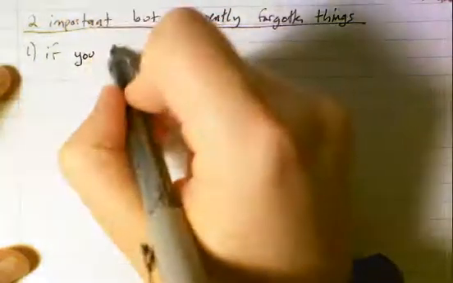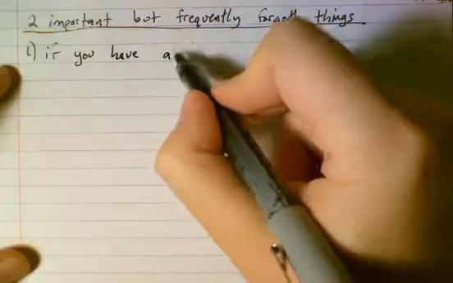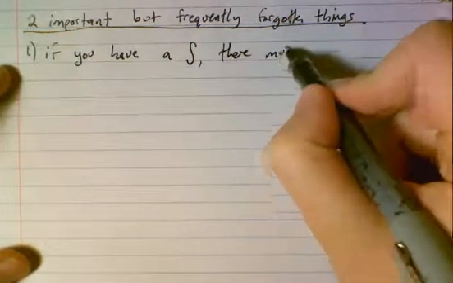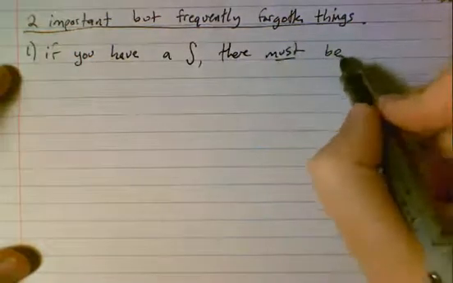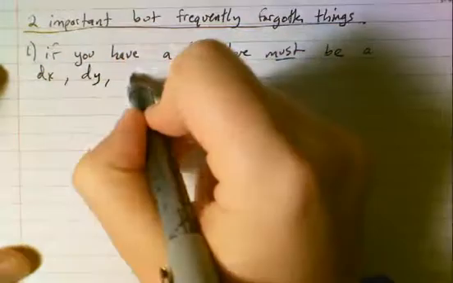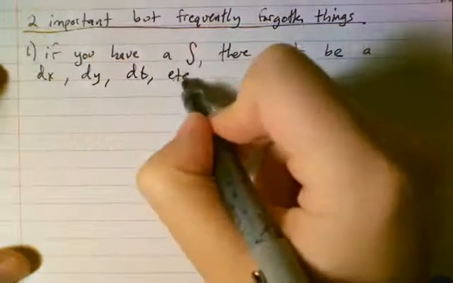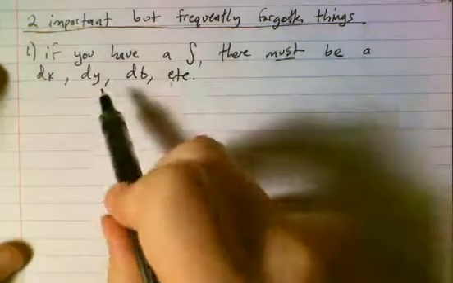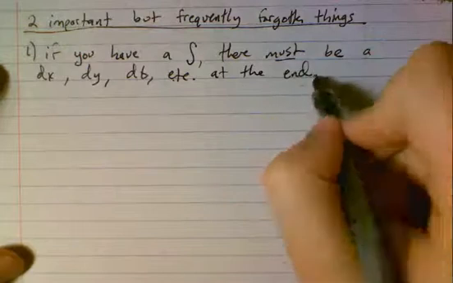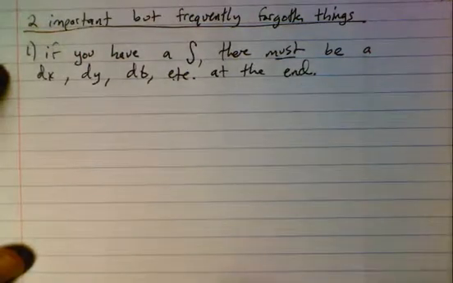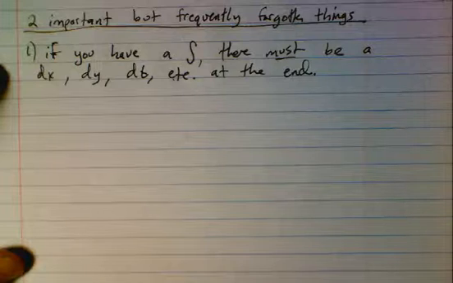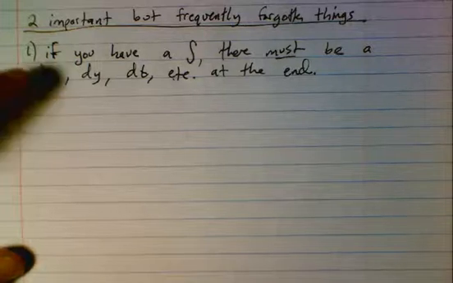If you have an antiderivative sign, there must be a dx, dy, dt, whatever the variable is, there's got to be something that looks like this at the end. Very frequent to forget. It's not such a big deal with the level of calculus that we work with in this class, but when you do multivariable calculus, it really matters what your variable is.